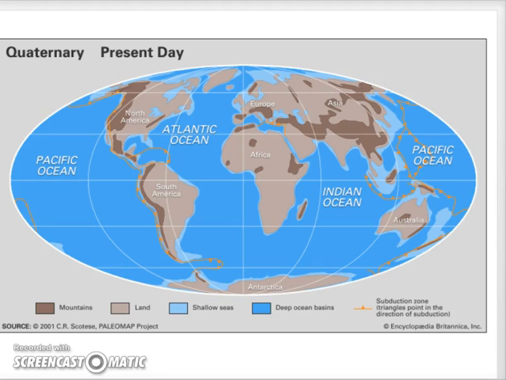These variations are registered by planktonic and benthic foraminifera that are deposited when they die in marine sediments.